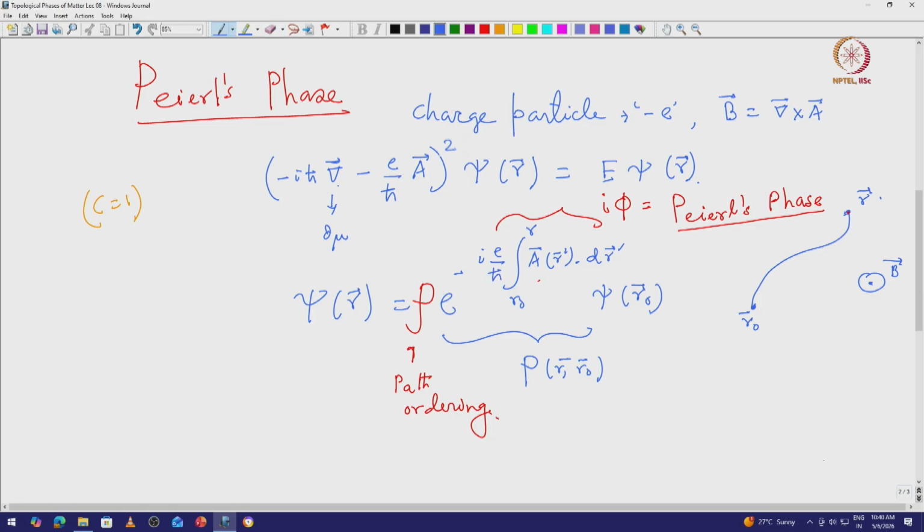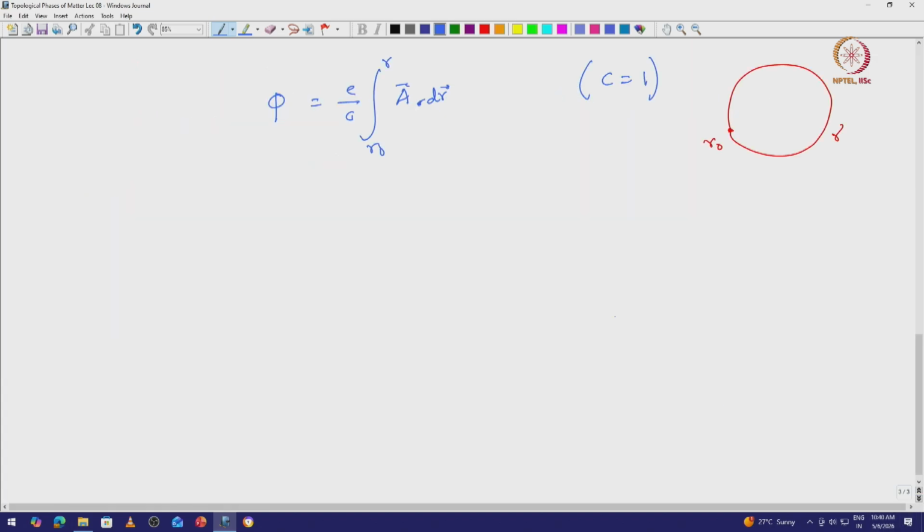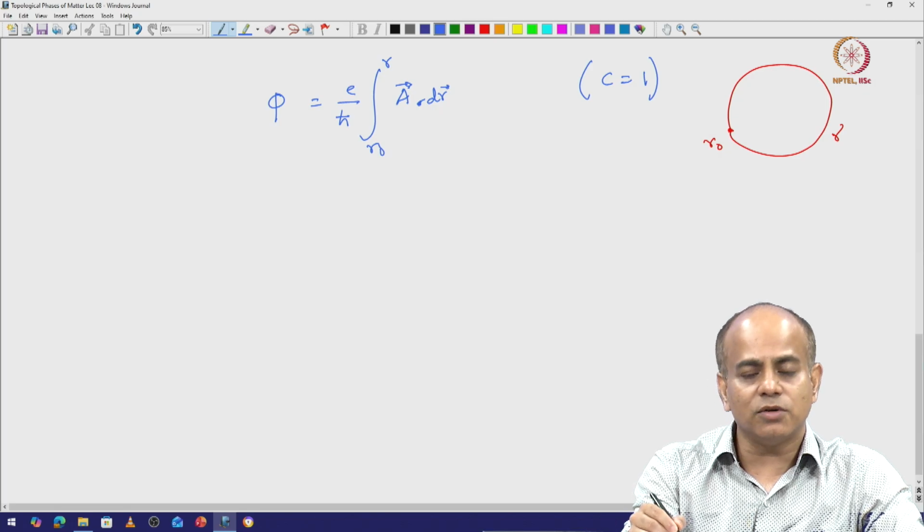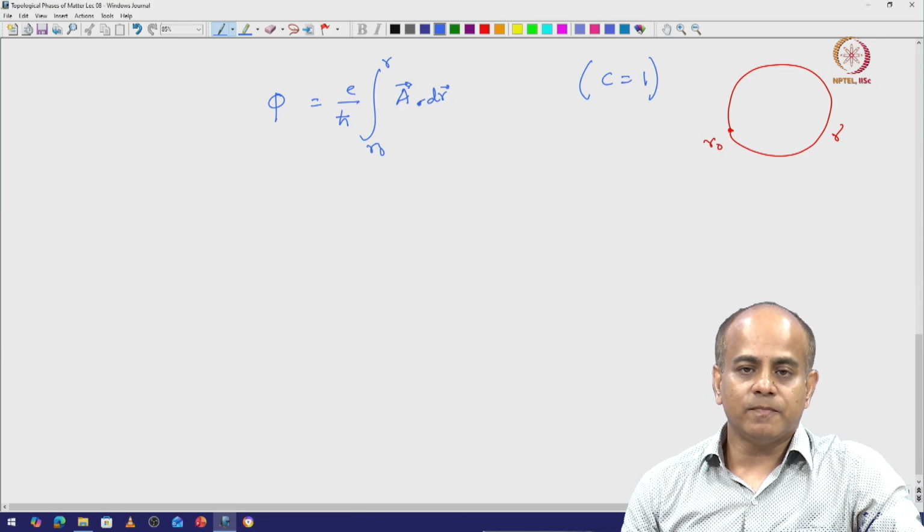All right. So, this is kind of a vector, this is a vector potential, and we are integrating over the potential modulo some constant, right.